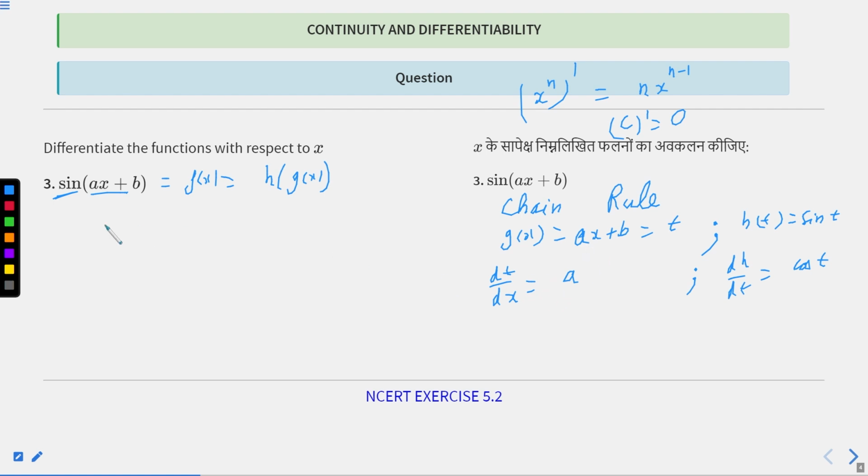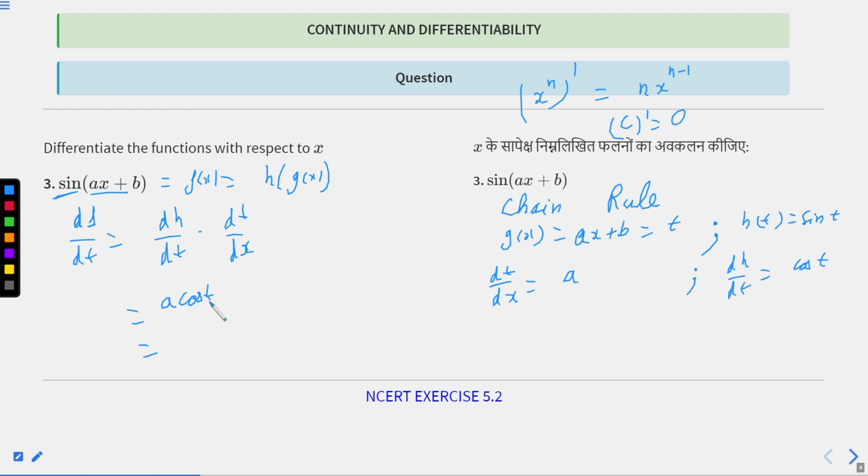So now df by dx is dh by dt multiplied with dt by dx, and as you can see it is cos t multiplied with a.